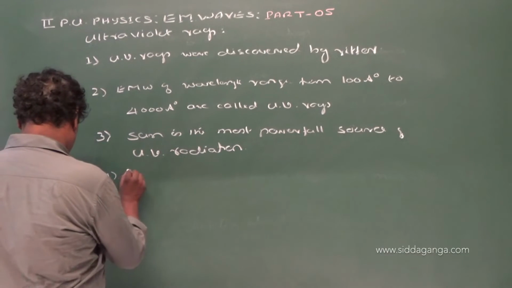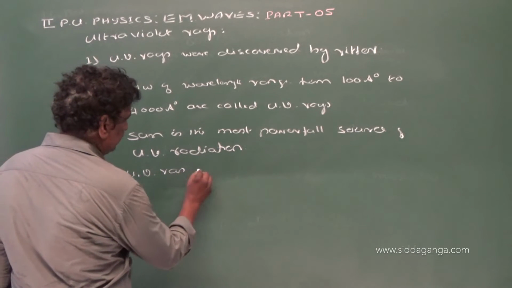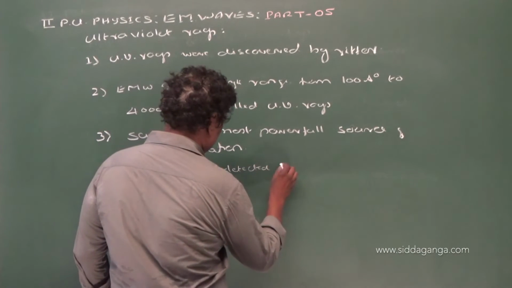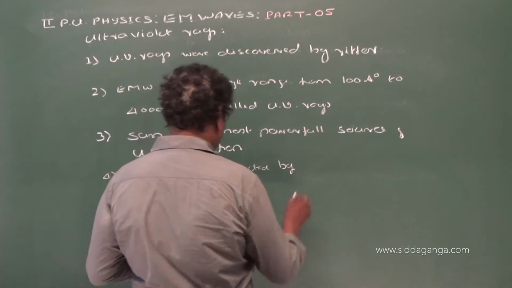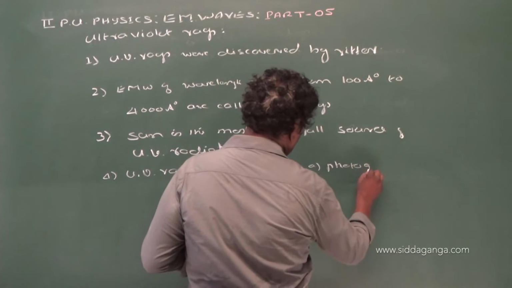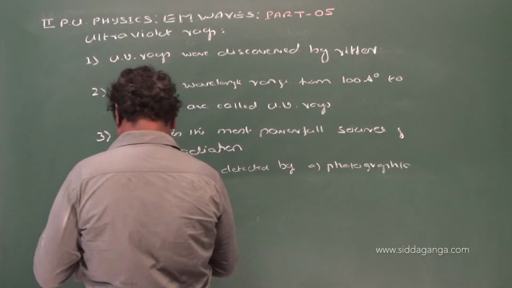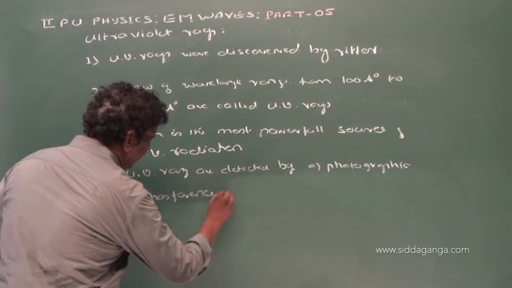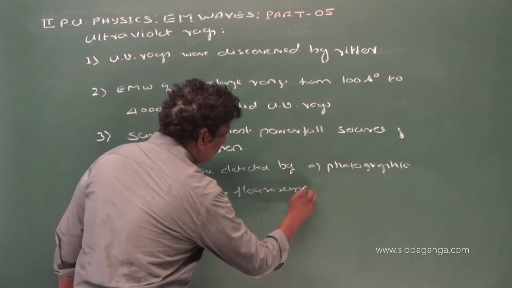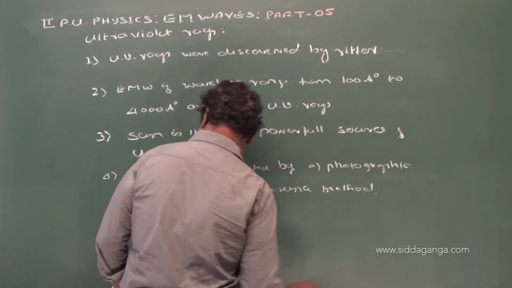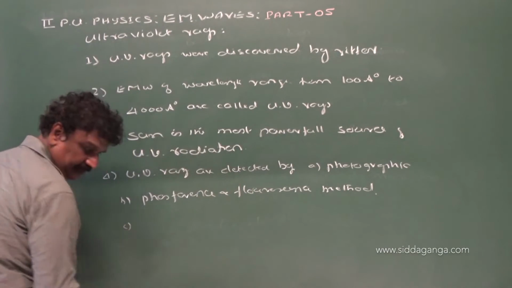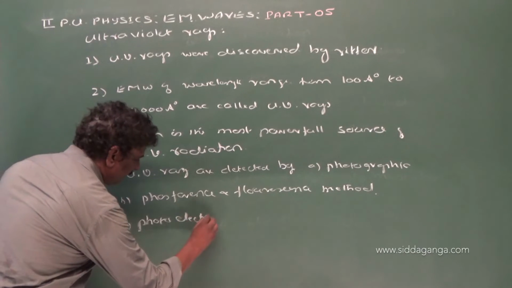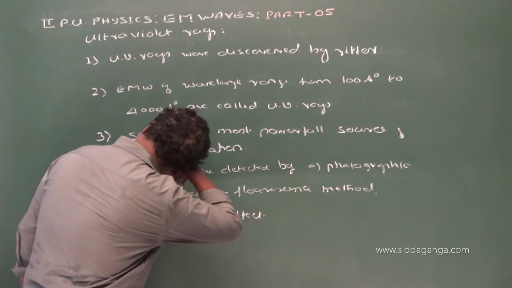The fourth one, ultraviolet rays are detected by A, photographic method, B, phosphorescence and fluorescence method, and C, photoelectric effect.